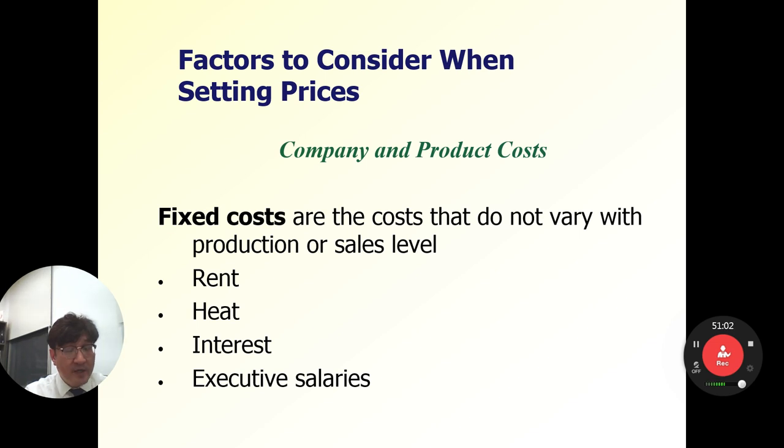Since you borrow the money, you need to pay interest to the bank. The interest amount you pay doesn't depend on how much you make in that factory. Whether you make 100 units or 1,000 units, as long as you borrowed $1 million, you pay the same amount of interest. In that sense, interest is also a fixed cost.